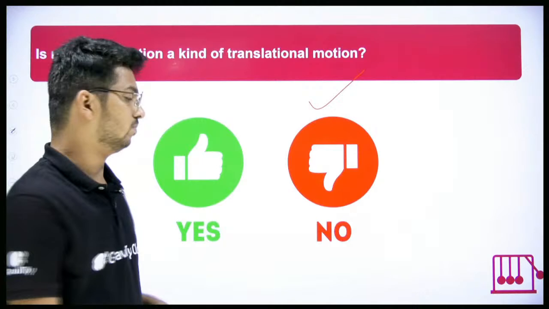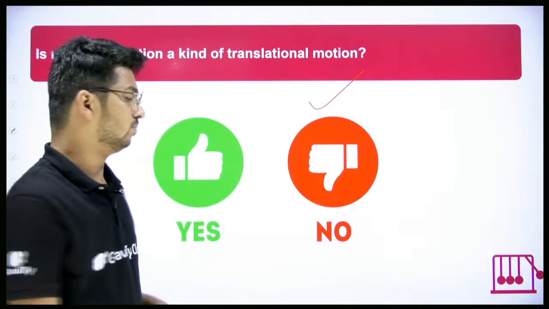Understood? Now the difference between rotational and circular, a very interesting topic. Rotational and circular are different. Rotational motion is rotation about a fixed axis, there is a point which is fixed. But circular motion is motion along a curved path, along a circular path.